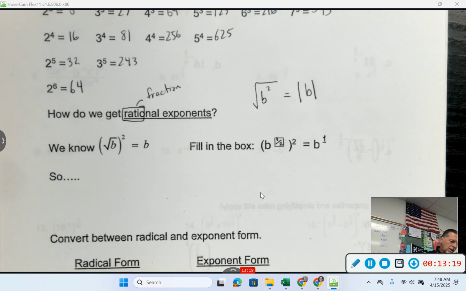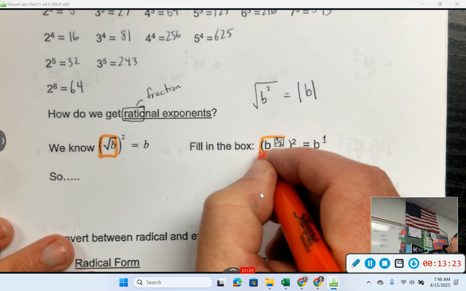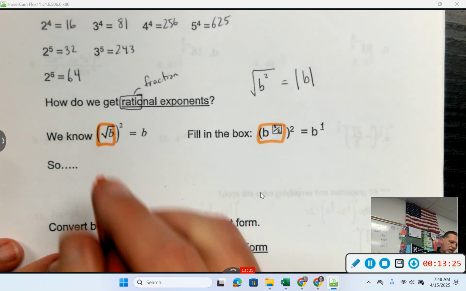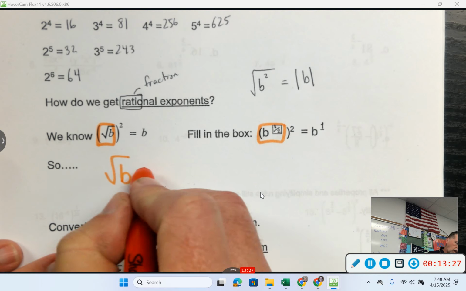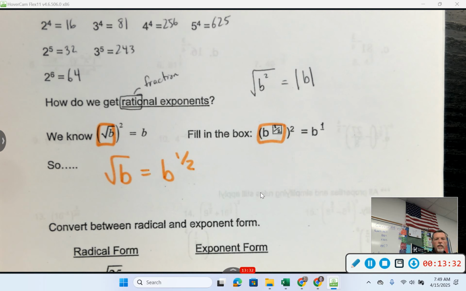So that means this and this are the same thing. The square root of b is the same thing as b to the 1/2.